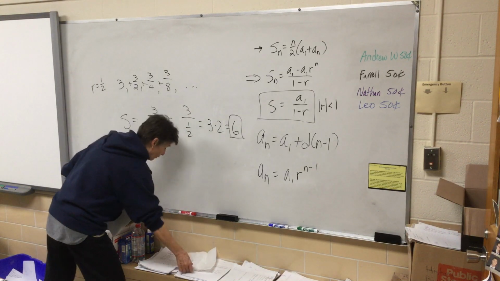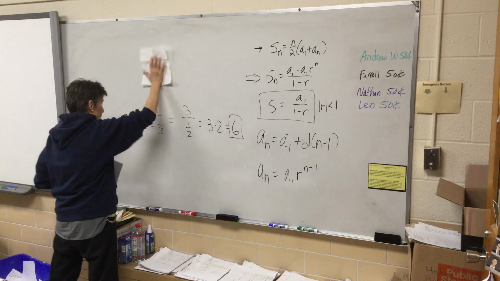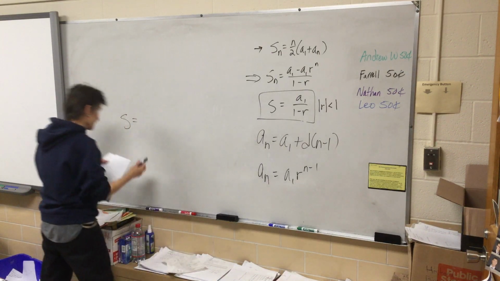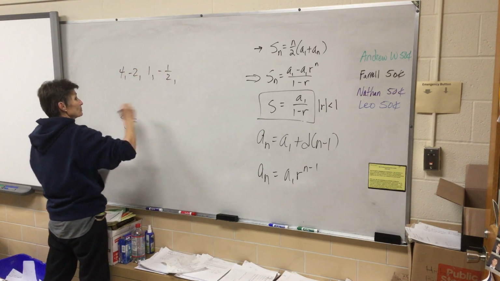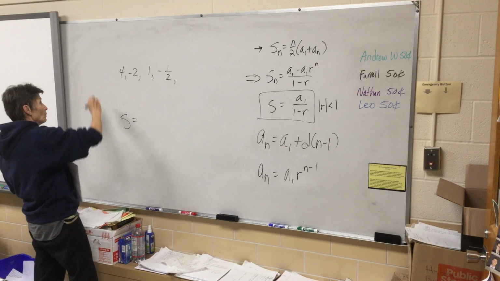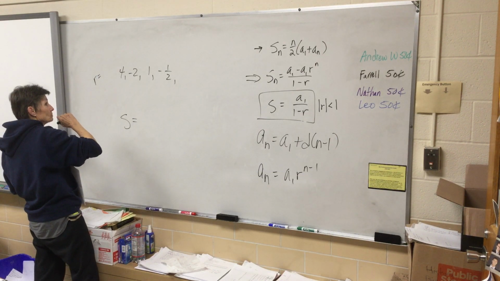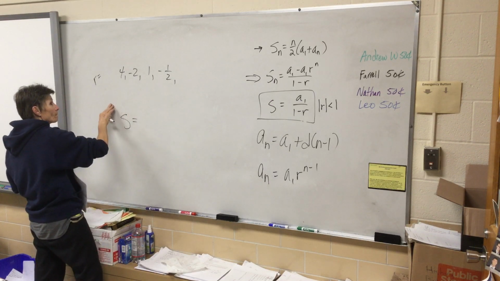What's going on here? Well, it's got to be geometric if I'm going to do the problem. Is it geometric? Yeah. And what's the ratio? What am I multiplying by? -1/2.